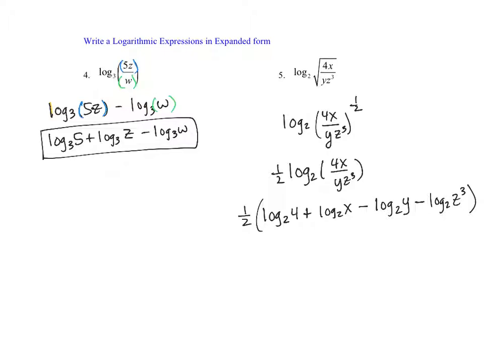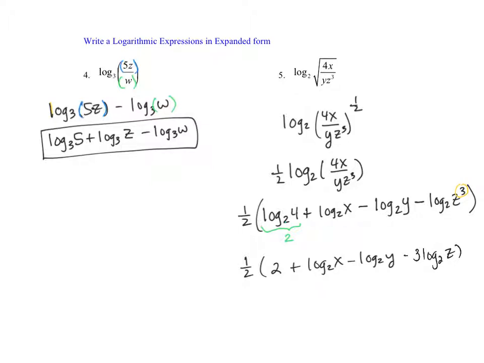And let's see if I can simplify anything. Here, this can simplify because this means 2 to what power is 4, and that is 2. So I have 1/2 times 2 plus log base 2 of x minus log base 2 of y. And now let's use the power property where my 3 can come down and be the coefficient in front of my log base 2 of z.